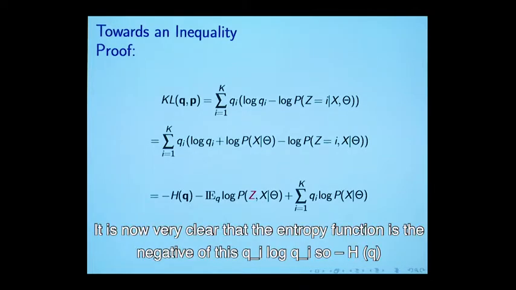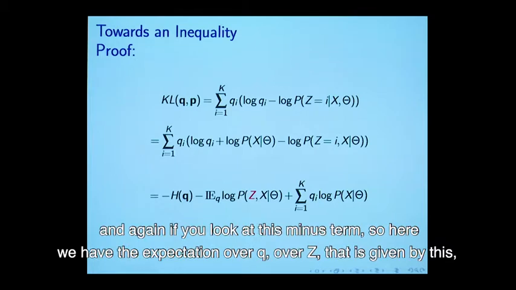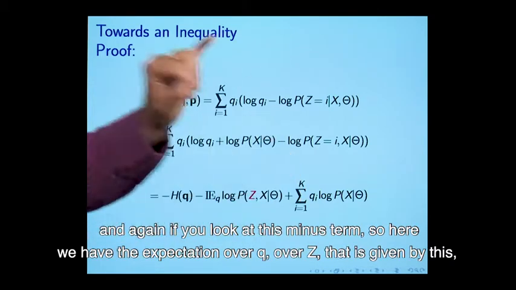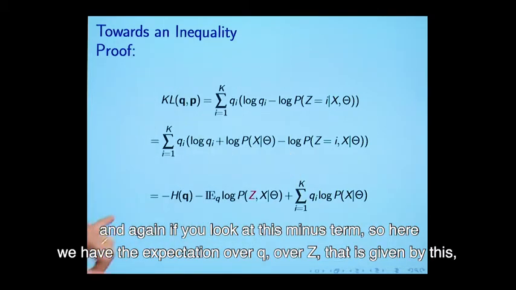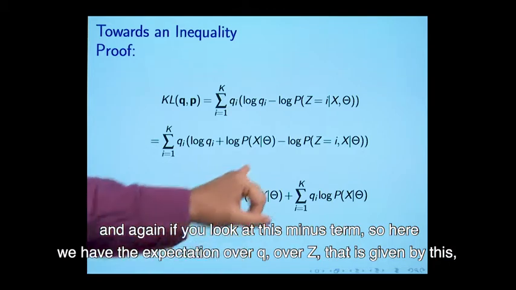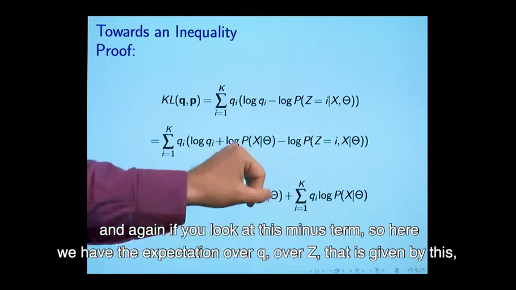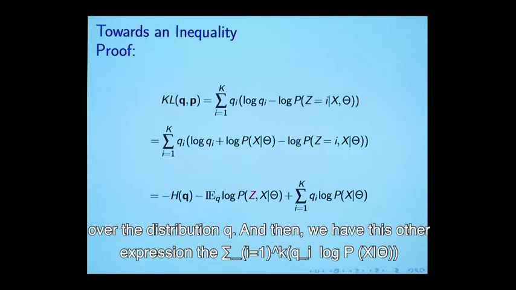It is now very clear that the entropy function is the negative of this Qi log Qi, so minus H of Q. And again, if you look at this minus term, here we have the expectation over Q over z, that is given by this over this distribution Q, right. And then we have this other expression, the sum from I equal 1 through K of Qi log P of x given theta.